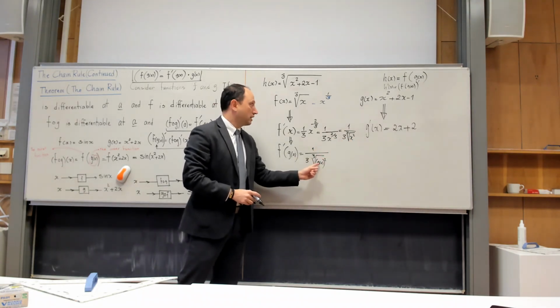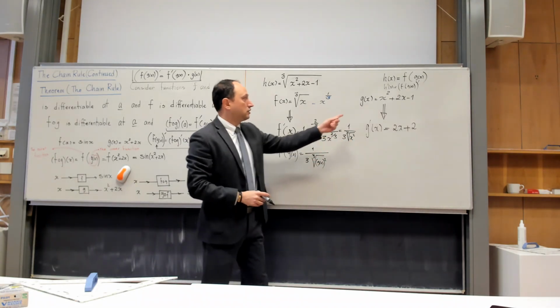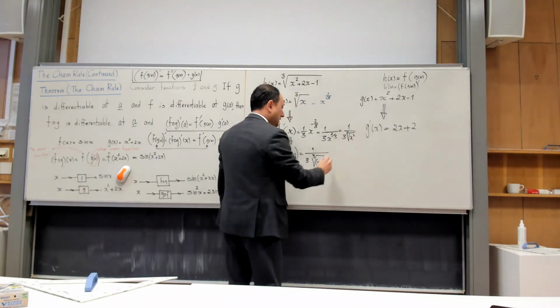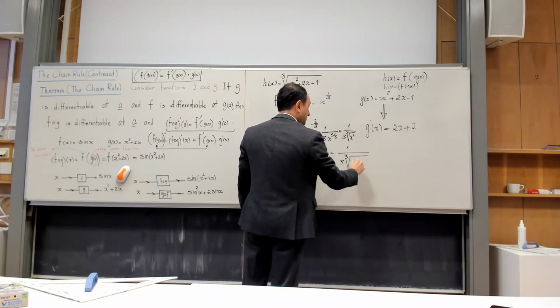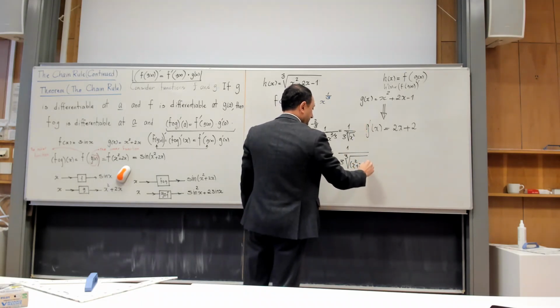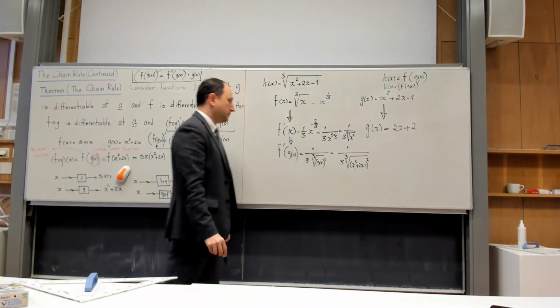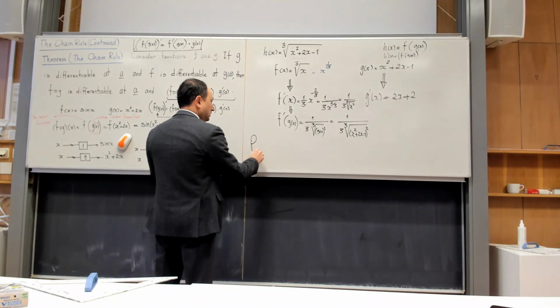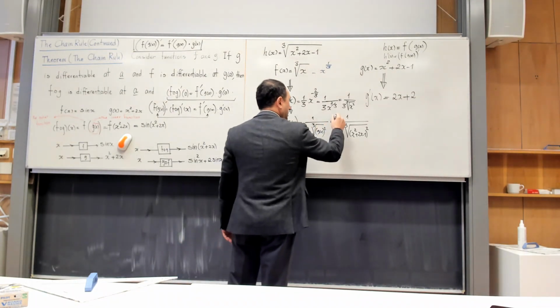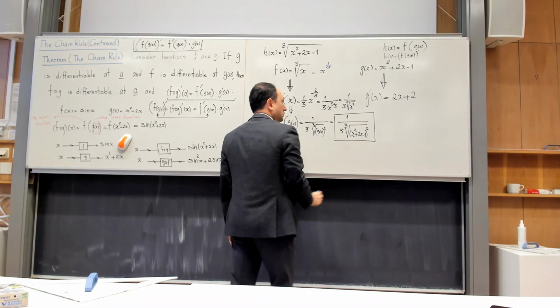But of course now, if I ask you what is g of x, you would say that g of x is that expression. So I will continue. It becomes 3, the third root of that expression to the power 2.